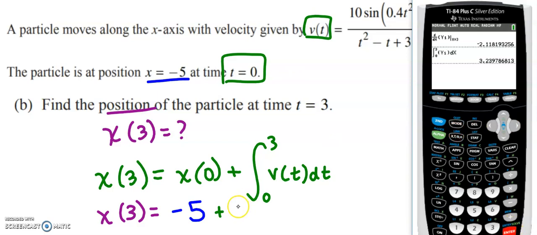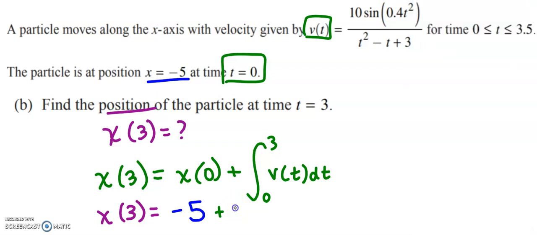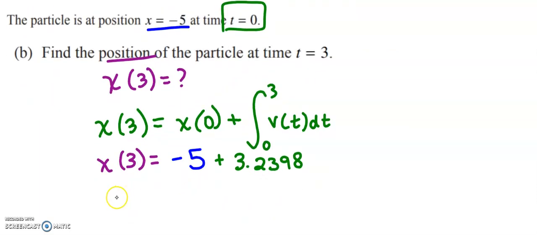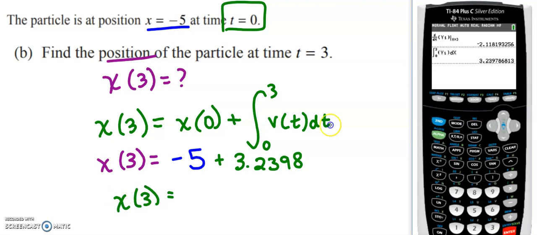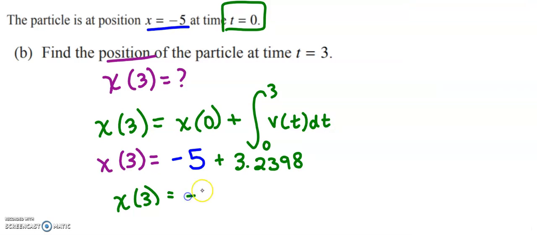This on its own is 3.2398. And so my position at time 3 will be equal to that plus my -5 starting, -1.760.